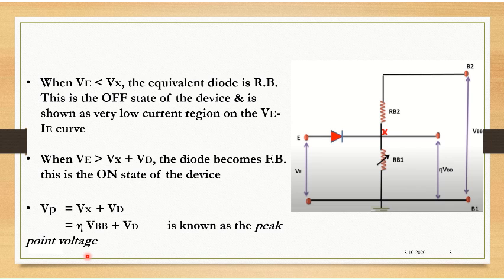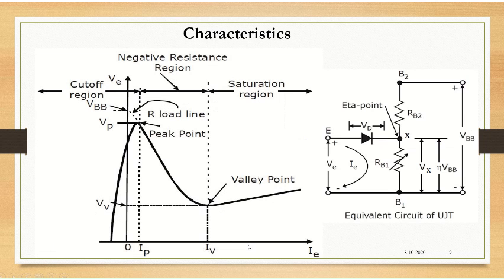Okay, let's observe all these in the characteristic curve. This is the typical characteristic curve, where you can see the x-axis is the emitter current and the y-axis is the emitter voltage.